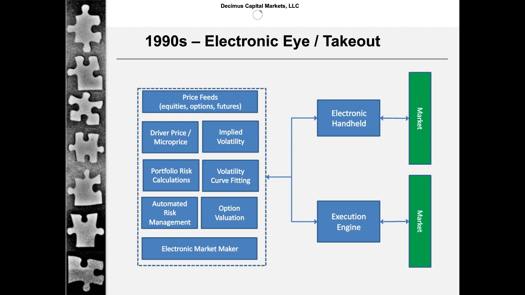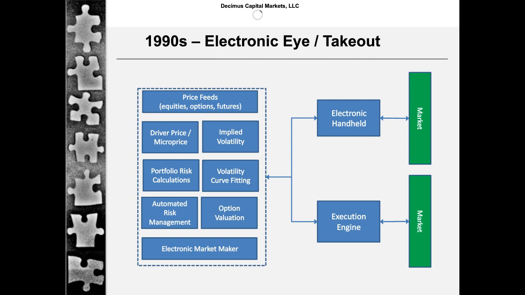This is outside of a lot of normal activity, which is prearranged crossing and all that. But they were basically trying to find the price that one of these electronic trading engines would see as tradable.